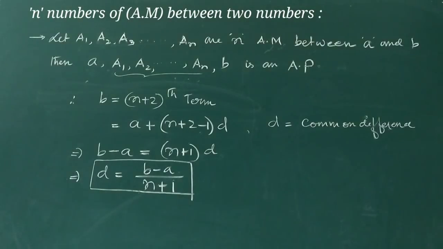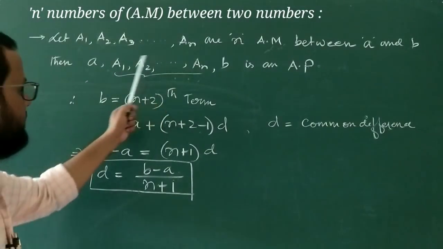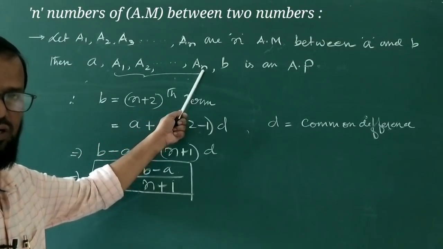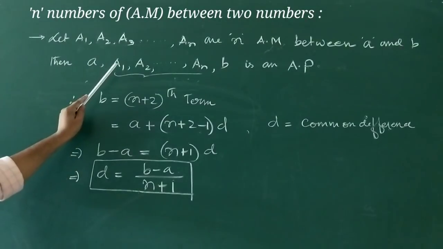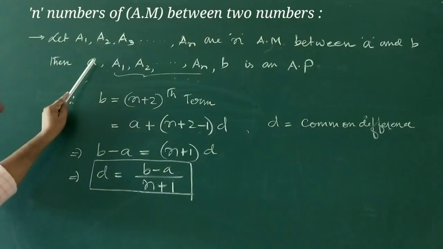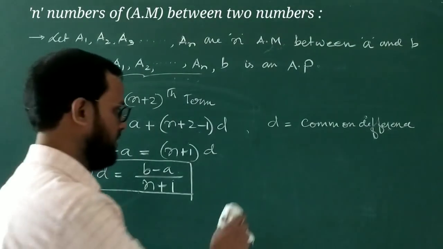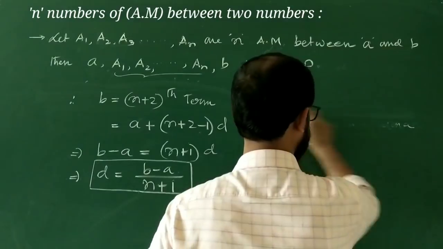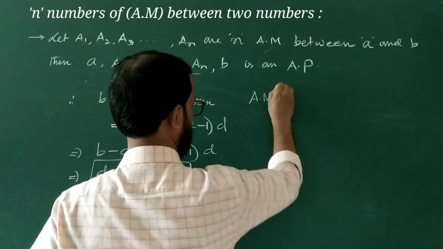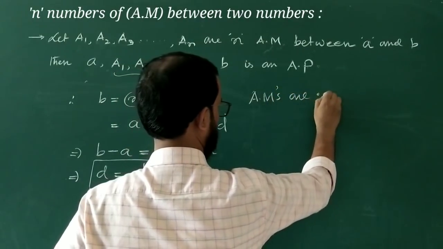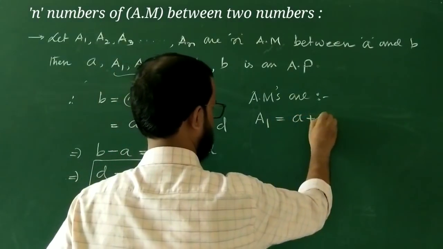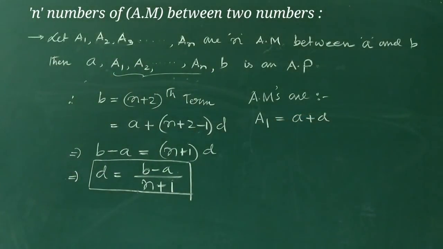Now, what are A1, A2, AN? We have supposed that these are the arithmetic means, right? तो ये arithmetic mean क्या होगा? If it is the first term, then it is the second term, right? Second term how to get? By adding the common difference to the first term. So the arithmetic means are: first, A1 will be A plus D. What is D?